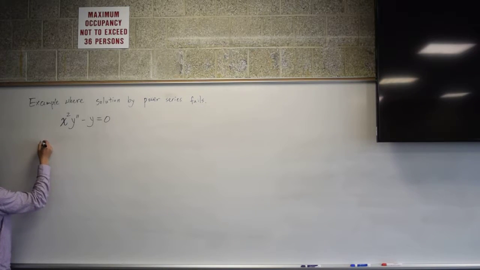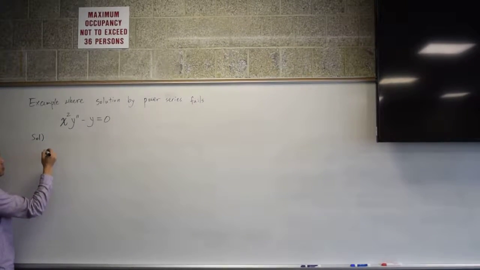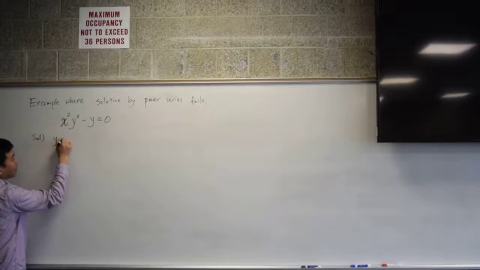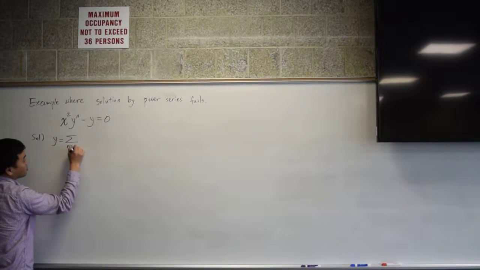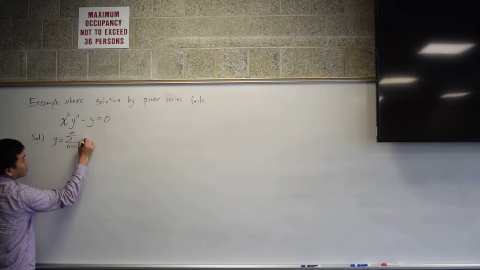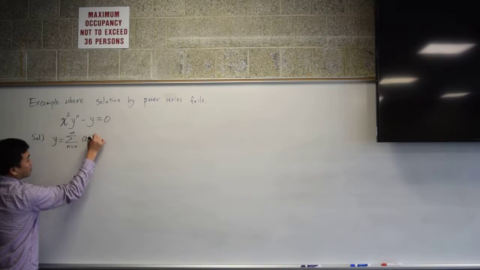So, how does it work? First, let's try to solve it like the other ones. You first set y as sigma n from 0 to infinity of a_n x to the n.